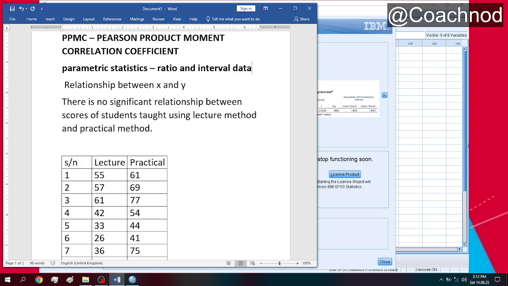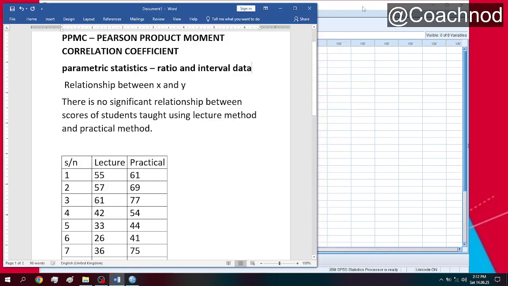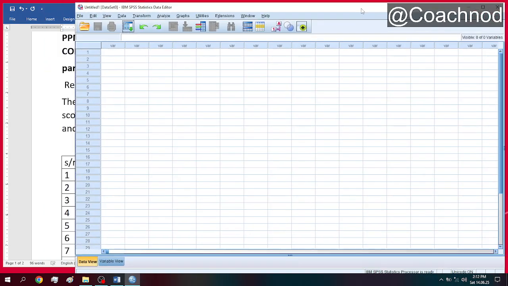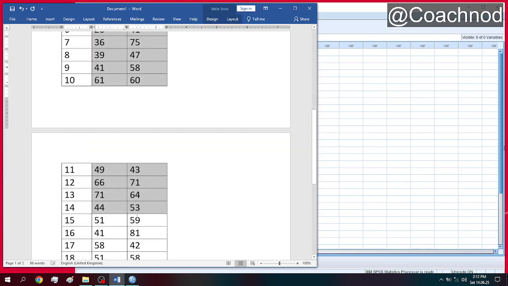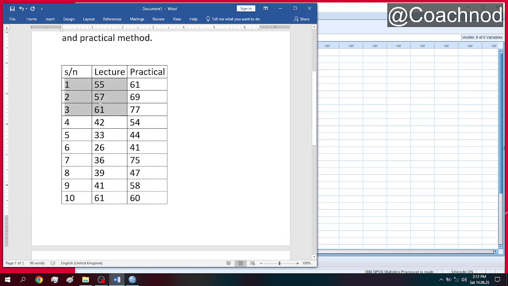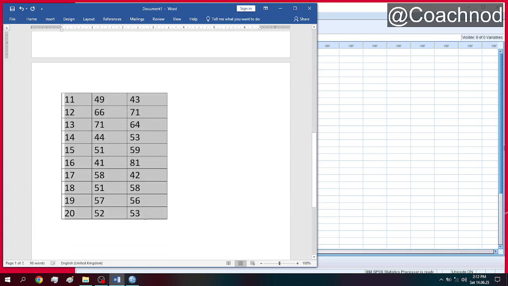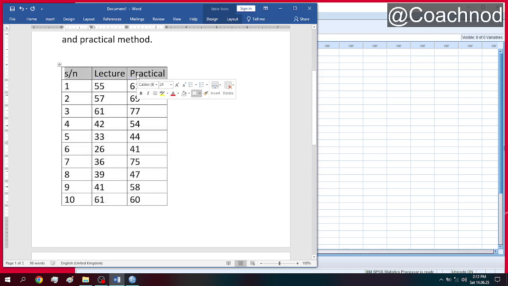Okay. So our SPSS is open. So this is our SPSS. Let's copy these figures. If you want to copy data from Word or Excel, don't copy the heading with it, okay?